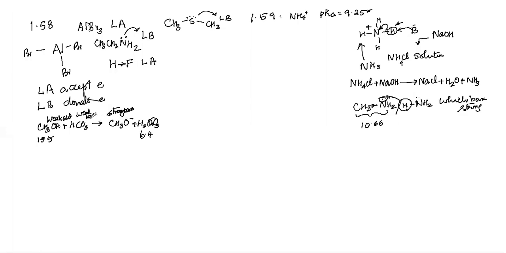A strong base can generate a weak base. So that is the simple logic. And this is an acid with pKa 15.5; here is an acid which is stronger. A weak acid cannot prepare a strong acid.